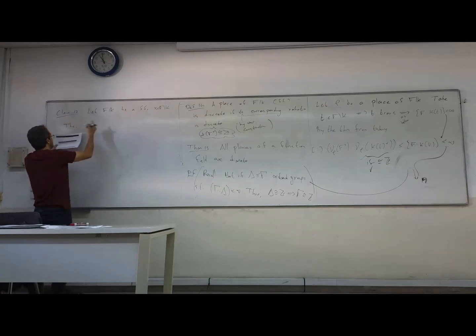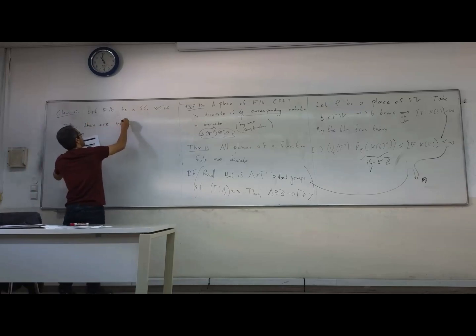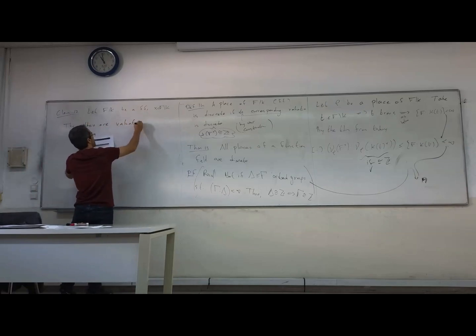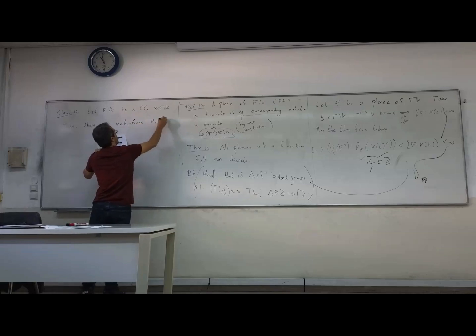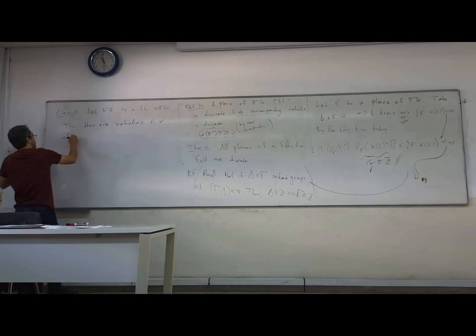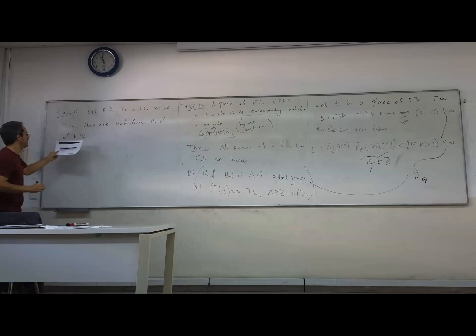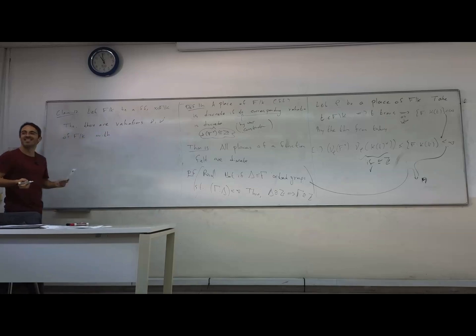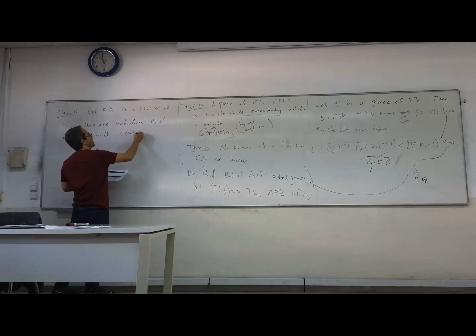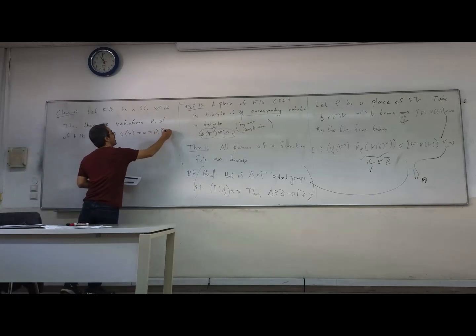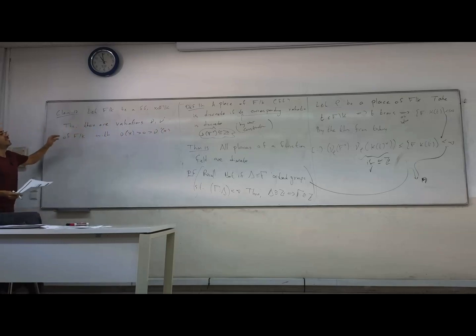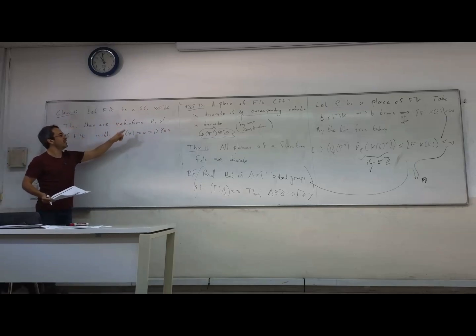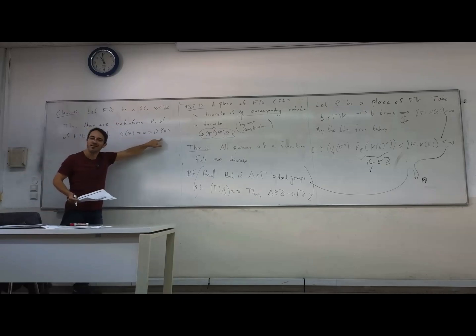and I think you should be excited by what's going to happen now. There are valuations corresponding to this X, valuations V and V prime of F over K, so trivial on K, non-trivial on F, with one of them positive. So every function which is non-constant has a zero and a pole.